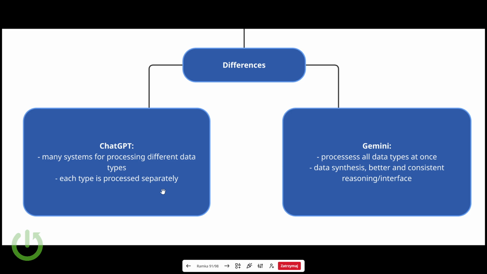On the other hand, Gemini processes all data types at once and has something called data synthesis, which gives us better and more consistent reasoning and responses. And as you can see, ChatGPT is probably more popular, but the responses are not always as good as in the Gemini model.